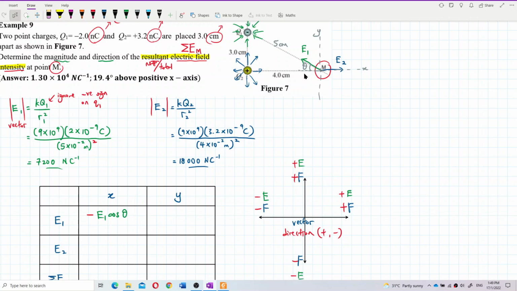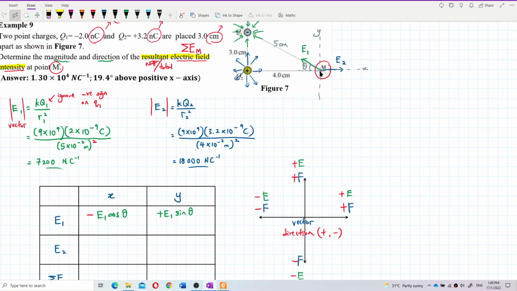And then for the y component, it is going upward, and going upward is positive, so just put positive E1. This one is opposite to the angle, so use sine theta.